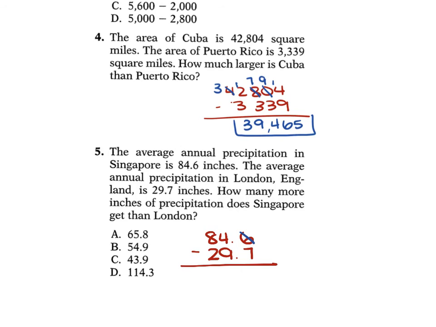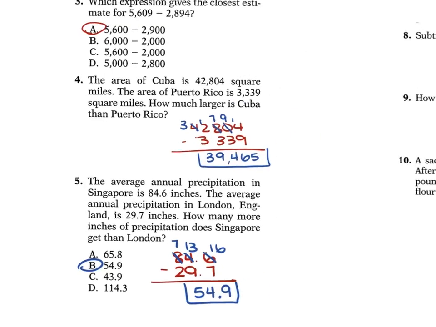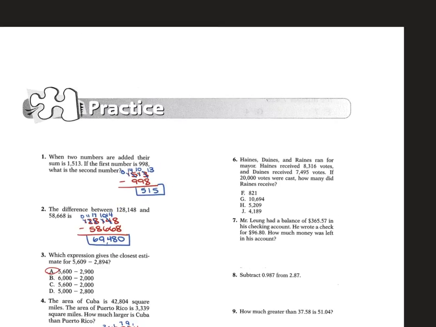The 6 is becoming a 16, making the 4 a 3, which then becomes a 13, making the 8 a 7. So 16 minus 7 is 9. 13 minus 9 is 4. Make sure the decimal point went down between the 9 and the 4, and 7 minus 2 is 5. So 54.9, which is B.